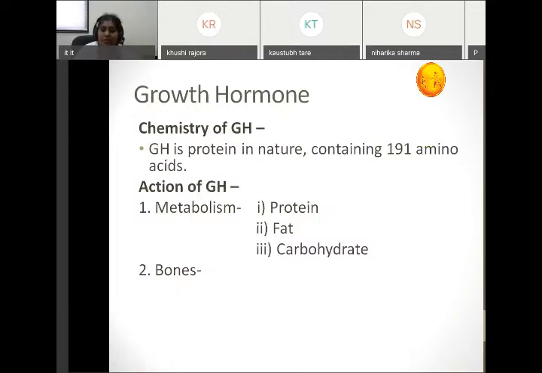Remember the long questions asked on the growth hormone. Please write this down. Growth hormone, also called somatotropin. Chemically, it is protein in nature containing 191 amino acids.